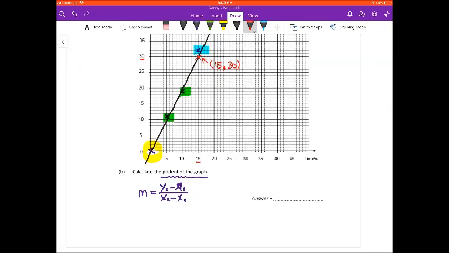So usually I will look somewhere here. So this one looks quite good. This one looks like, okay, maybe this guy. This one down here, okay, is about 3, 5. So once I identify these 2 points, I will substitute this thing in. So I will sub in 30 minus 15, 5 minus 3, and I will get the answer.